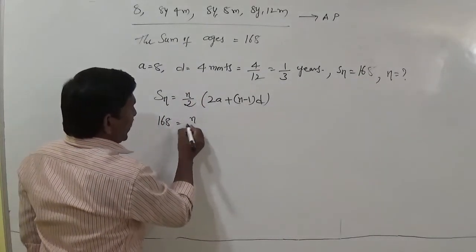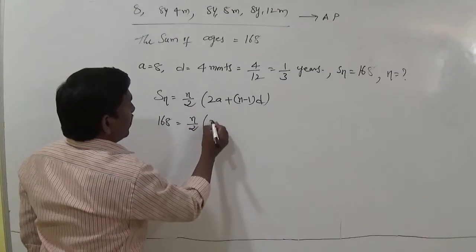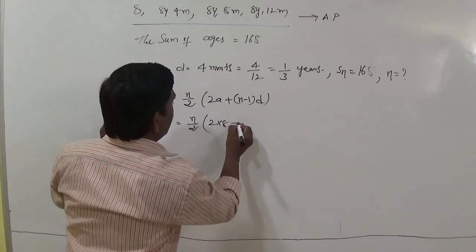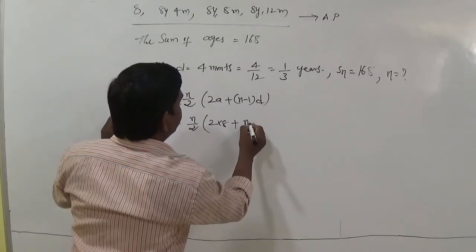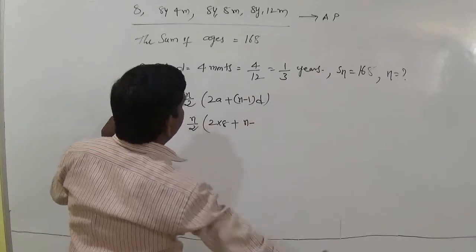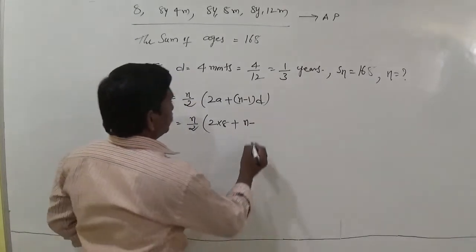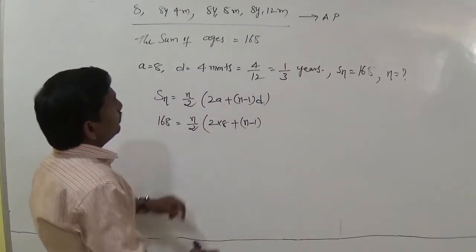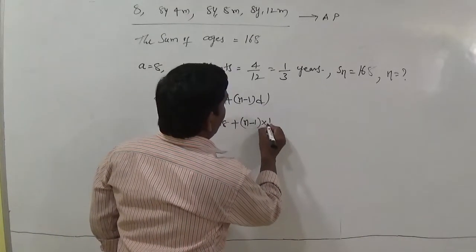And we don't know n, we have to find it out. A means 8, plus, we don't know n. What is the value of D? 1 by 3.